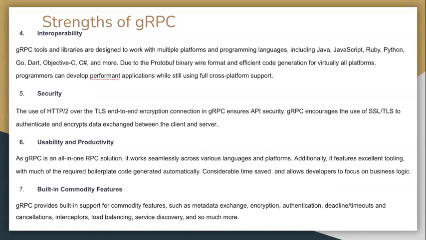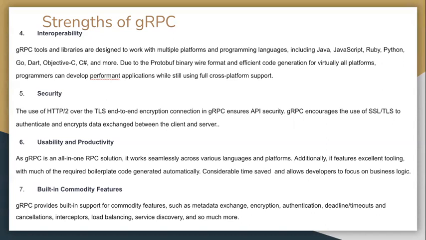Next is security. Because gRPC works over the HTTP2 protocol, it is already built to use TLS by default, and it uses an end-to-end encrypted connection, so that even if someone does some packet filtering, or is watching your packets while they flow over the internet, it's already encrypted, so you don't have to worry about those parts.